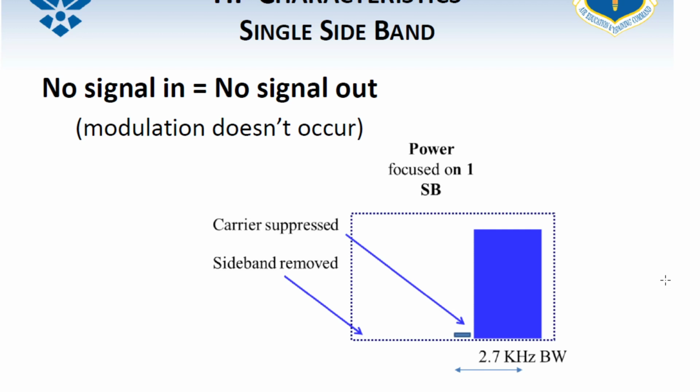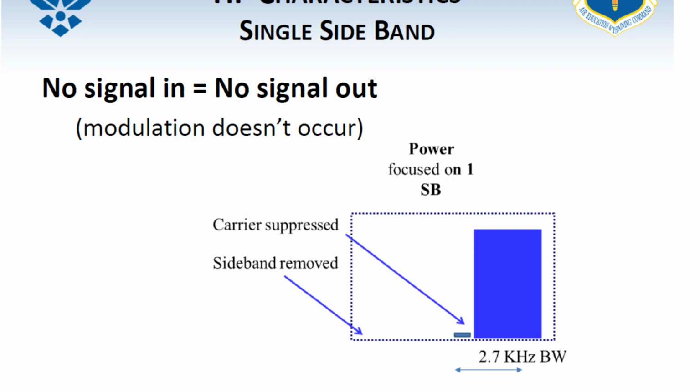That's okay. A characteristic of single sideband is no signal in, no signal out. If the modulation doesn't occur, you're not going to get anything out of the radio, which is different from AM, because AM does what? It'll still be transmitting or modulating even if there is no intelligence going in.